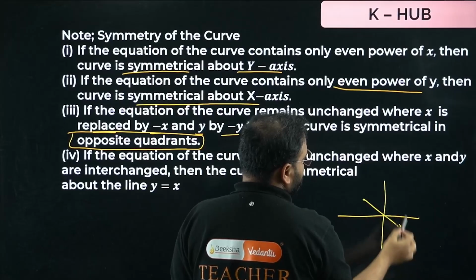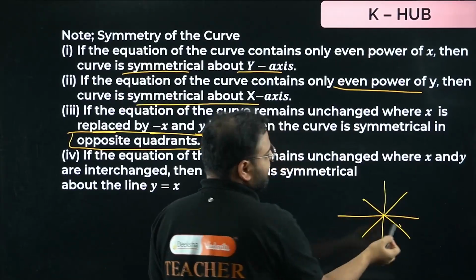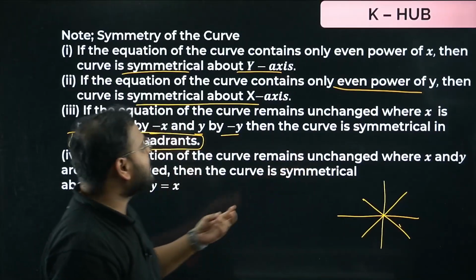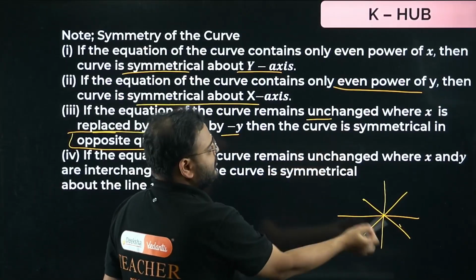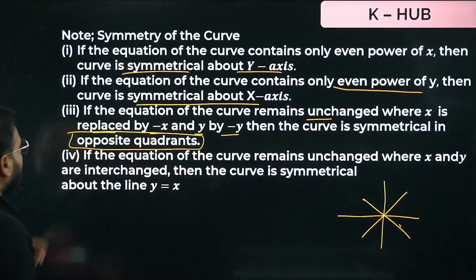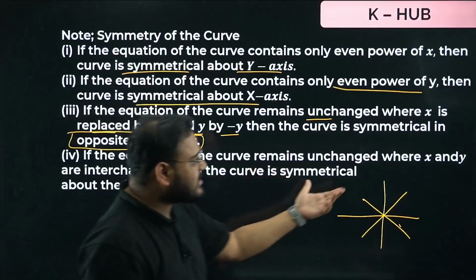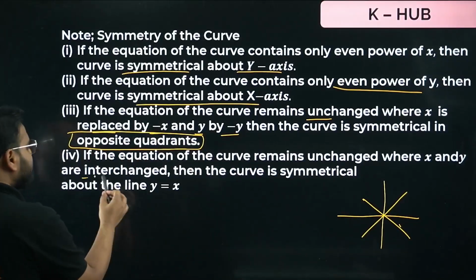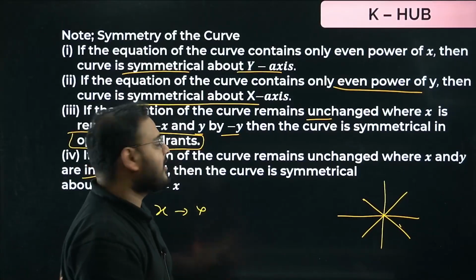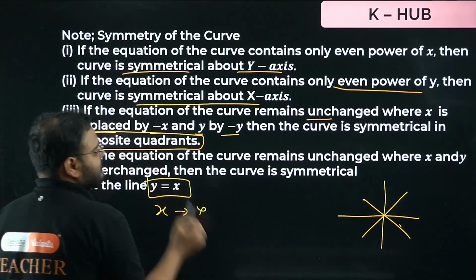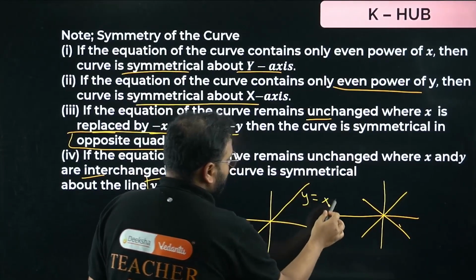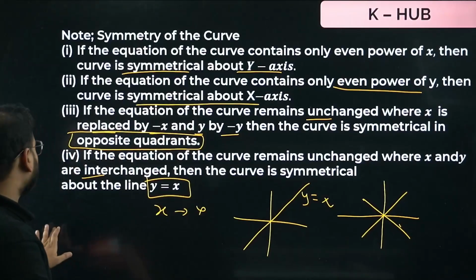The last one: if the equation of the curve remains unchanged when x and y are interchanged, it means the curve is symmetrical about the line y equal to x. Clear? Few things to remember.